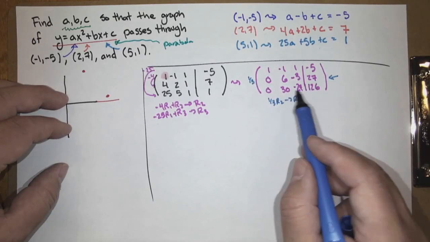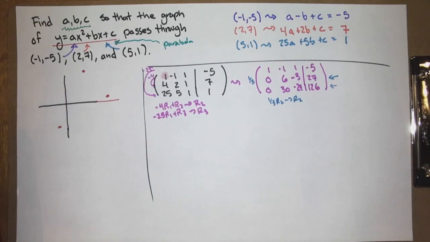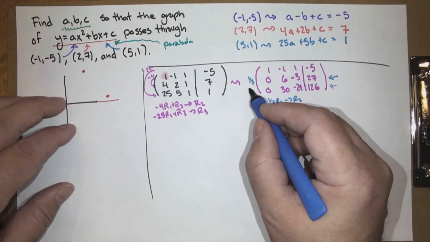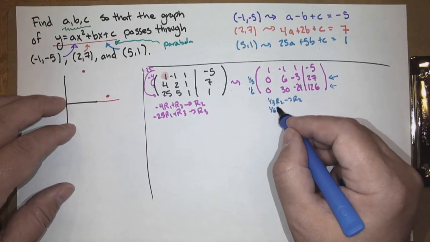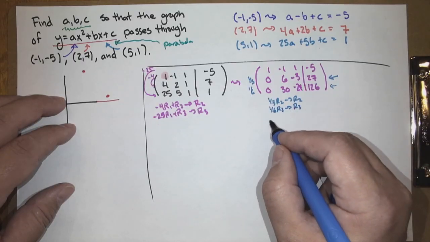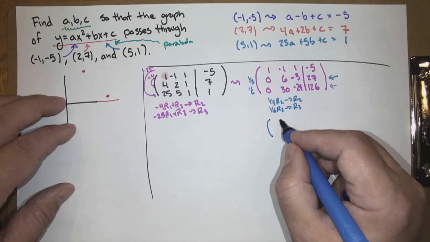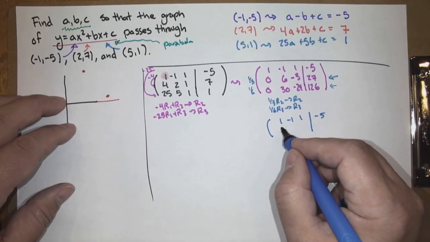All right. At the third row, does anything divide into 30, -24, and 126? One's maybe a little bit harder to do in your head, but there's a nice number that does that. 6. So I'll go ahead and scale that, just so we have slightly smaller numbers. Smaller numbers turn out, maybe not easier for us to understand, but they're easier for us to work with.